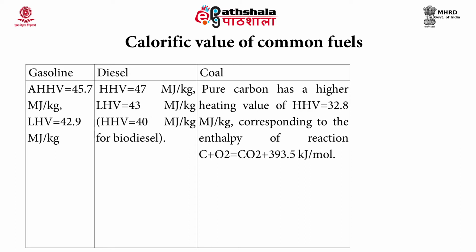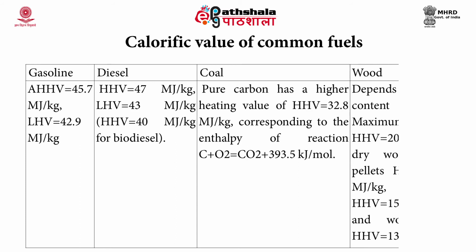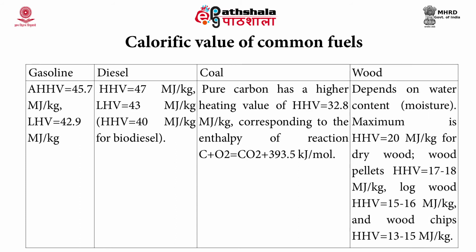In the case of wood, the heating value depends on the moisture content, and the maximum value is for dry wood, that is 20 megajoule per kilogram. Wood pellets have a high heating value of 17 to 18 megajoule per kilogram, logwood 15 to 16 megajoule per kilogram, and wood chips 13 to 15 megajoule per kilogram.